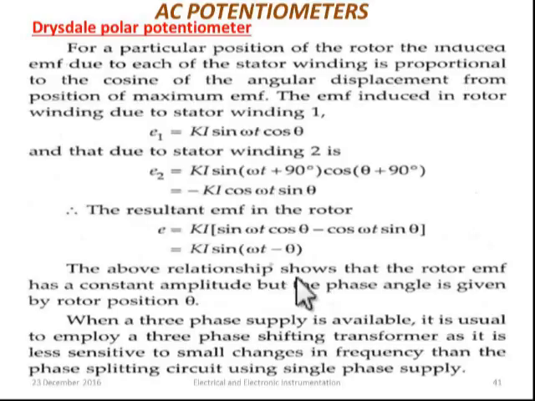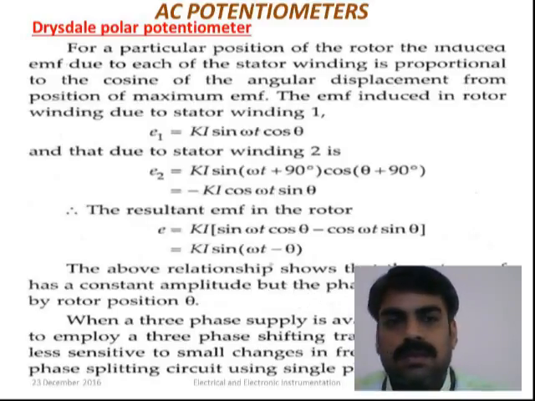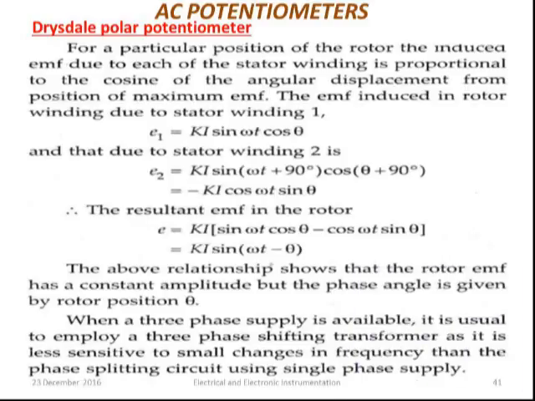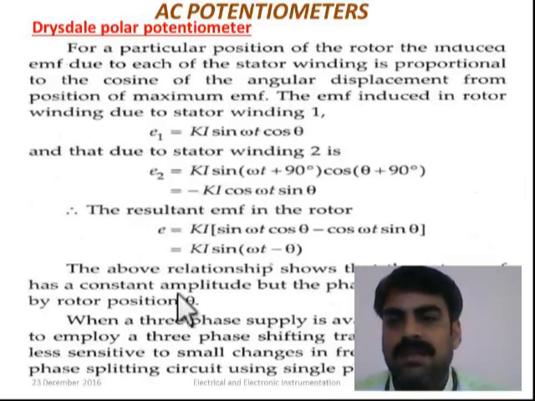The above relation shows that the rotor EMF has a constant amplitude, but the phase angle is given by the rotor position theta. The constant magnitude is the K value, and the phase component of this induced EMF is proportional to the theta value.